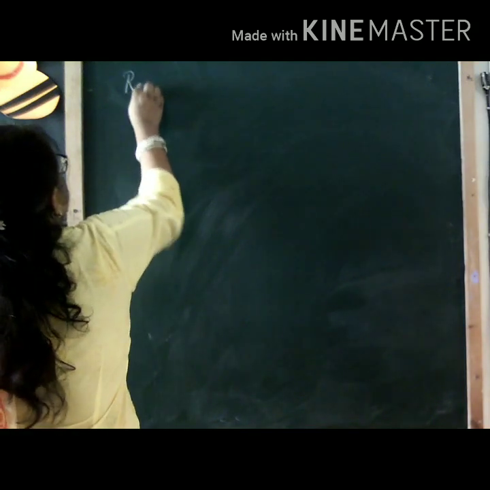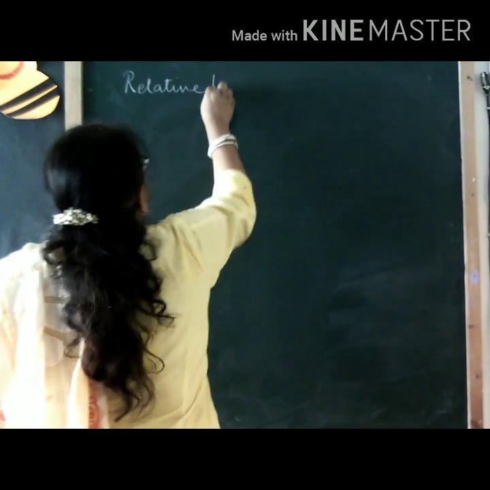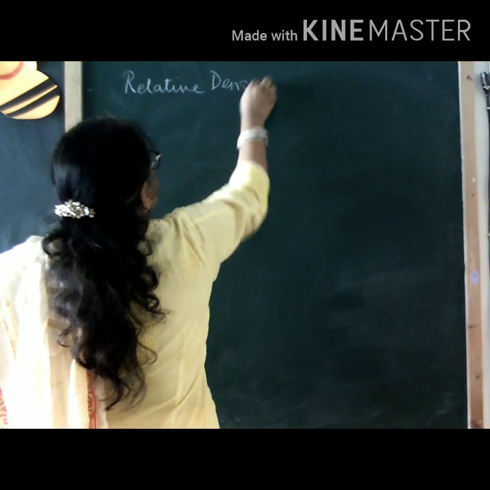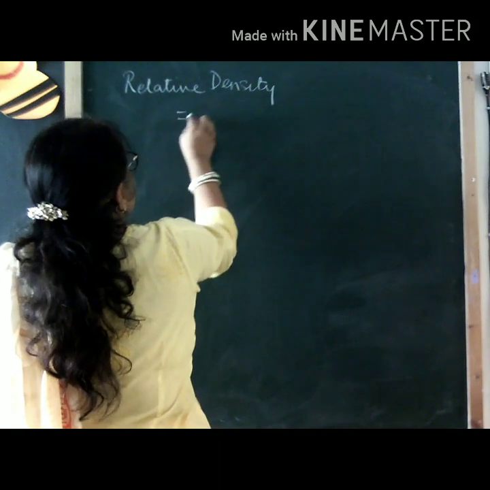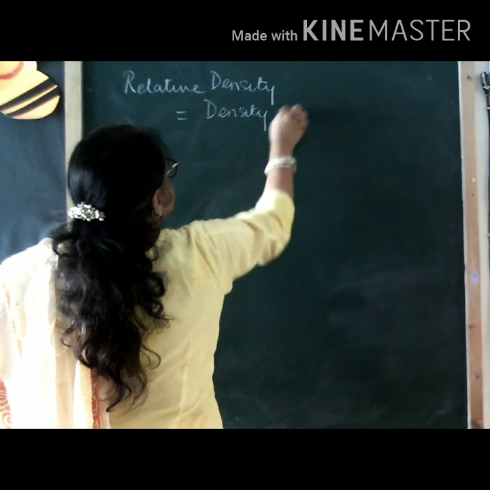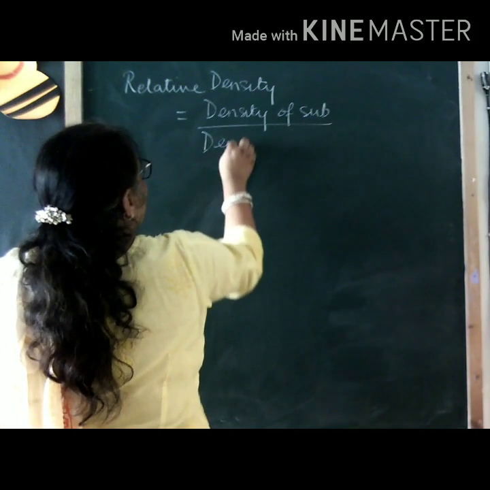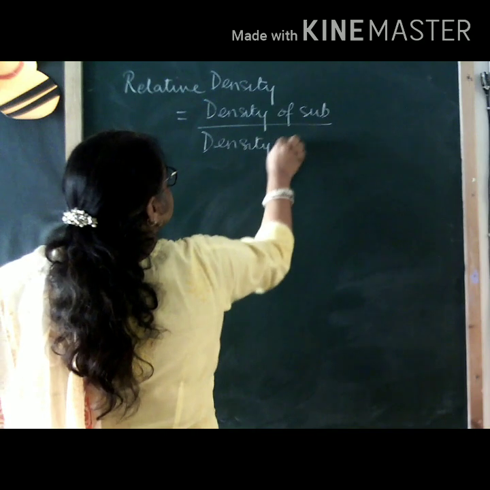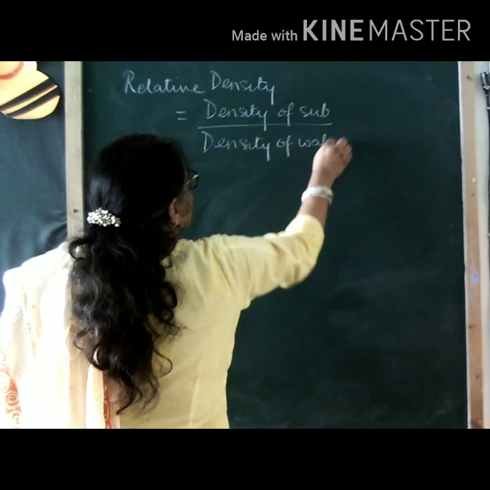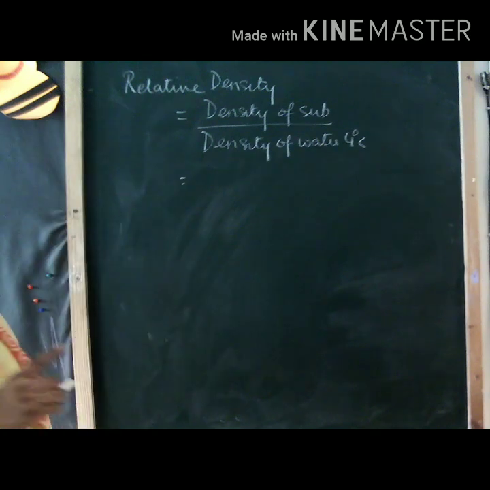Now see, let's come back to the formula of relative density. Relative density is equal to density of substance upon density of water. Right? Now, density is what?